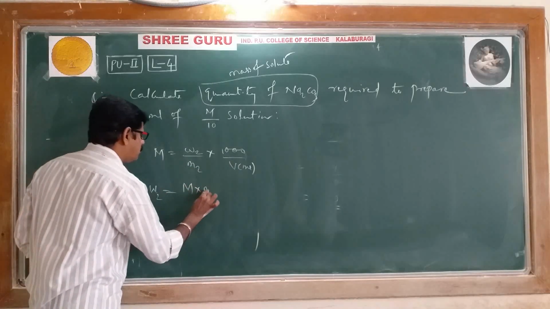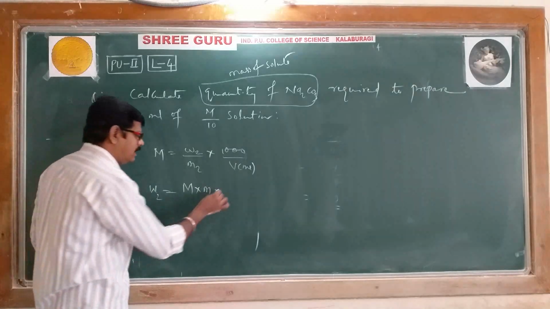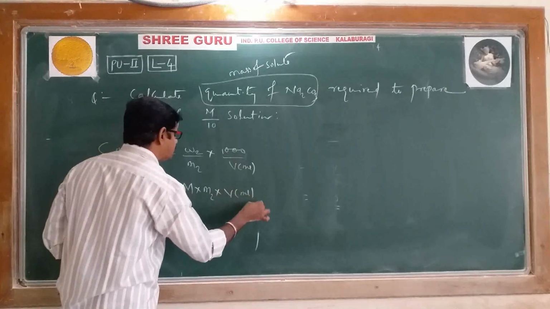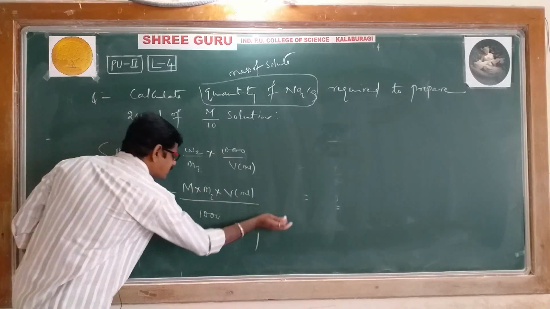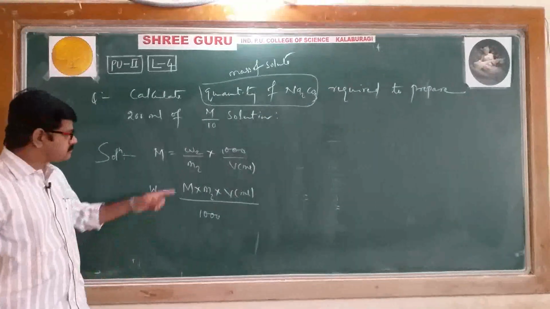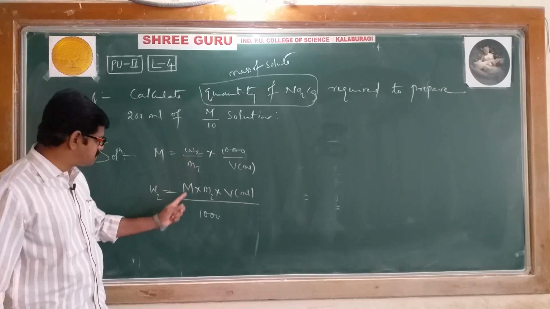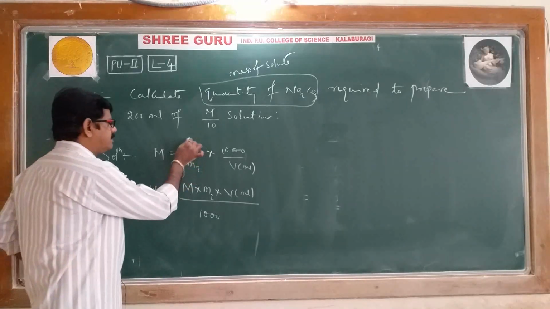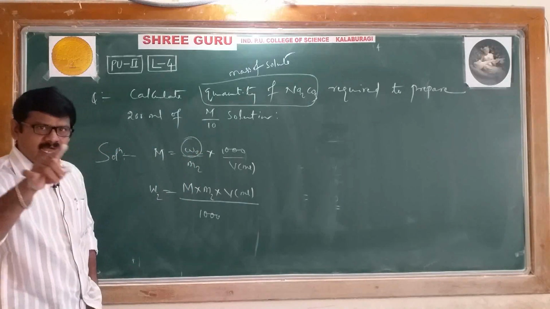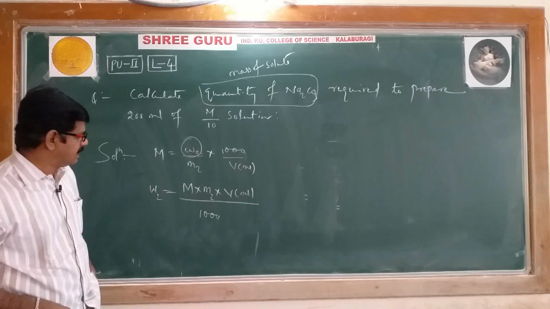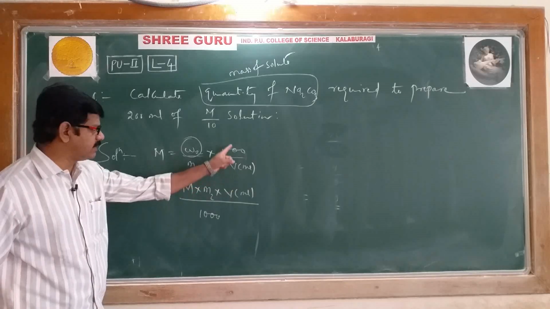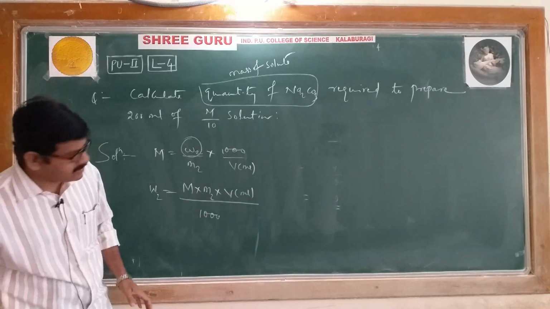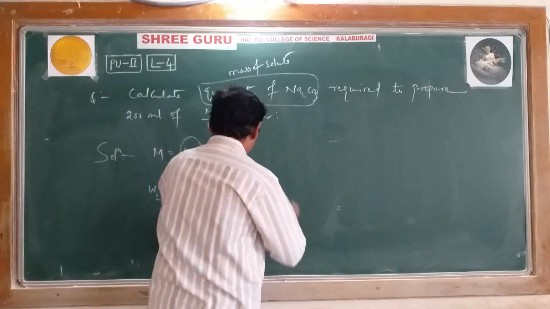Molarity into molar mass of solute into volume in milliliters divided by 1000 is our required formula. Our regular molarity formula we have changed like this, because we need the mass of solute. M into M2 into V divided by 1000, and if you substitute the values directly, you will get the answer.